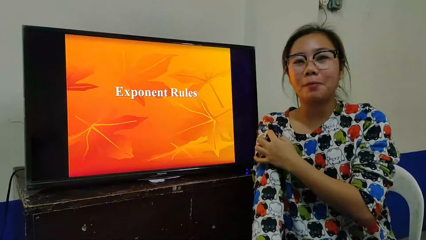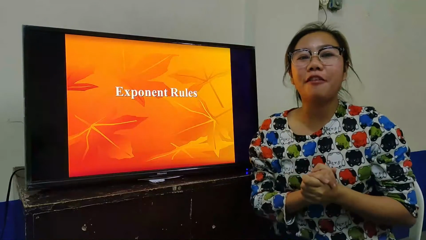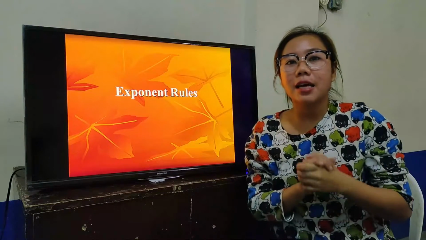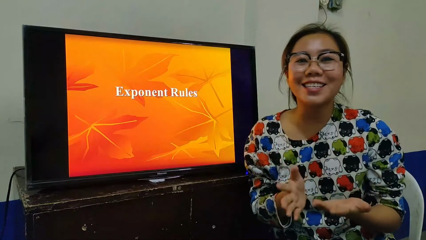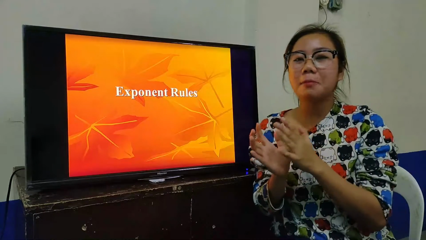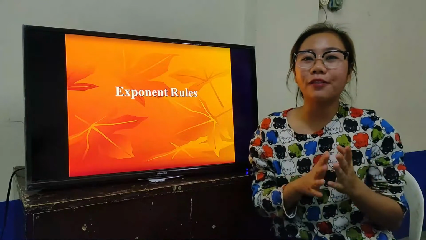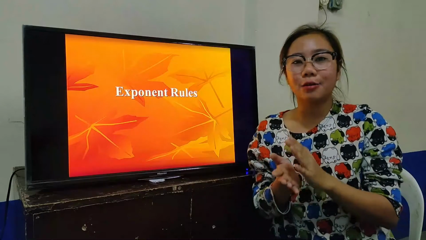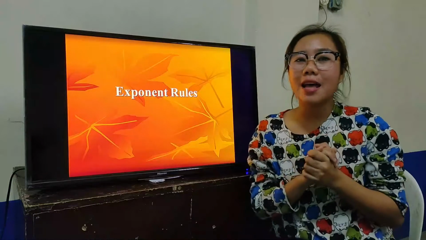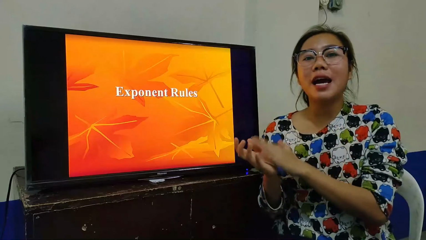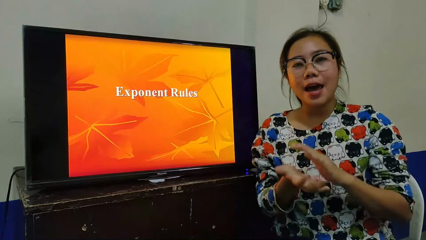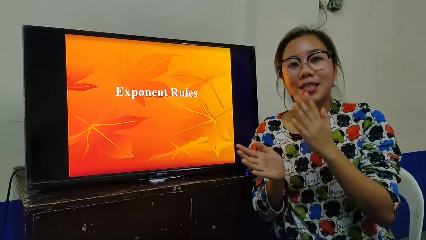Please check your paper. Number 2, we have x raised to 4 times x raised to 2. So what is your answer? The correct answer is x raised to 6.